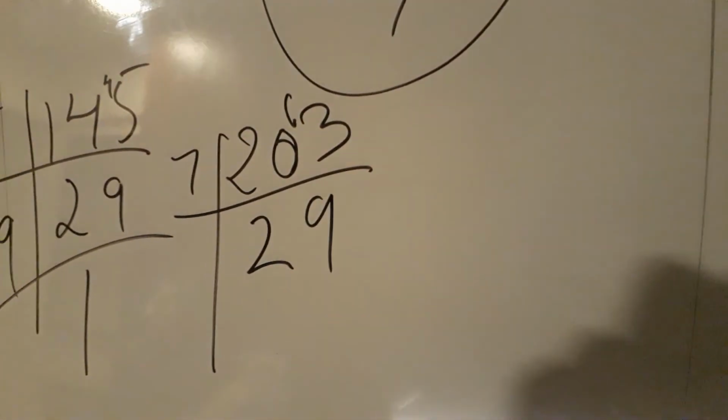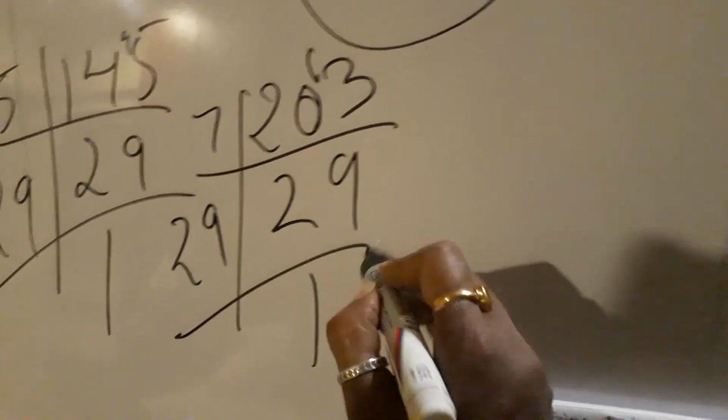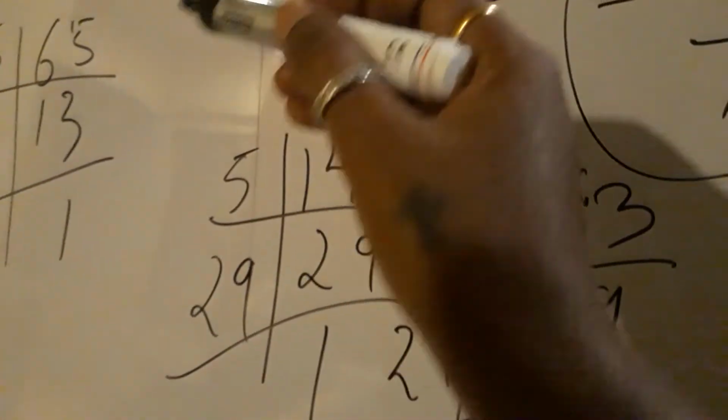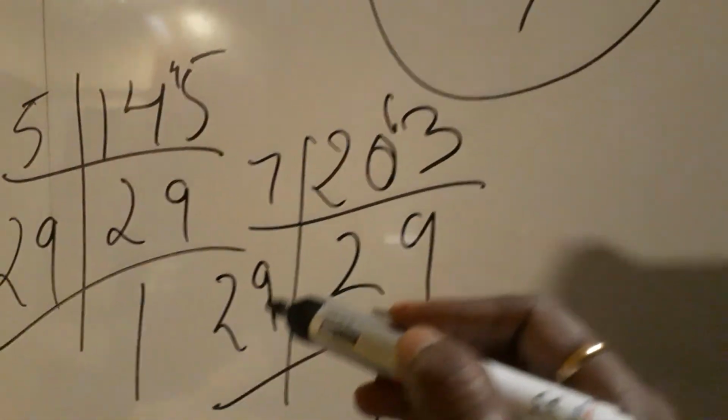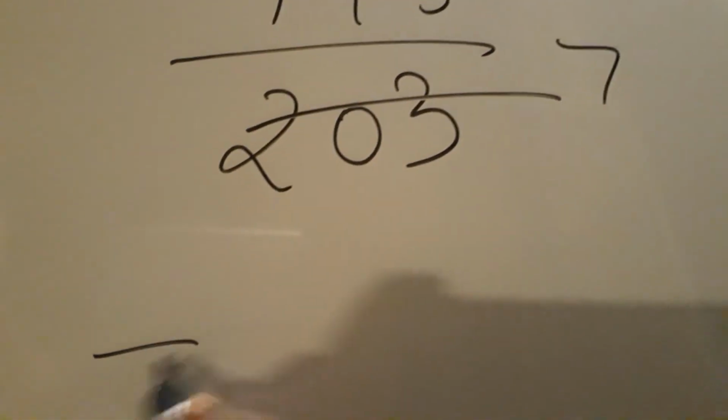So 7 9s are 63. 29 ones are 29. So 29 5s give us 145 and 29 7s give us 203. So we can use that table here. So it is 29 5s and 29 7s. So the answer will be minus 5 upon 7.